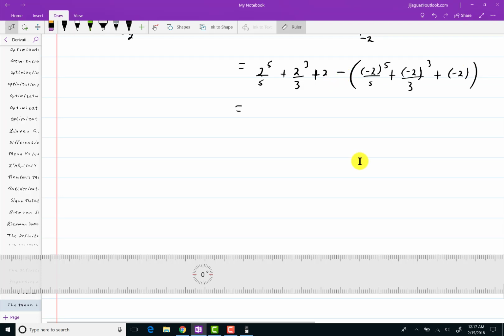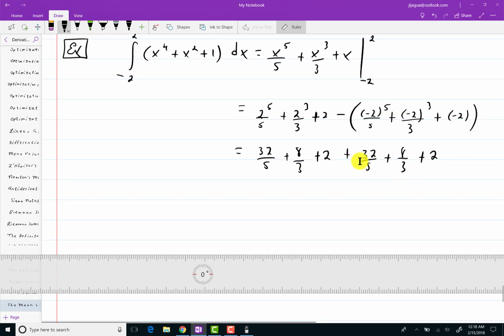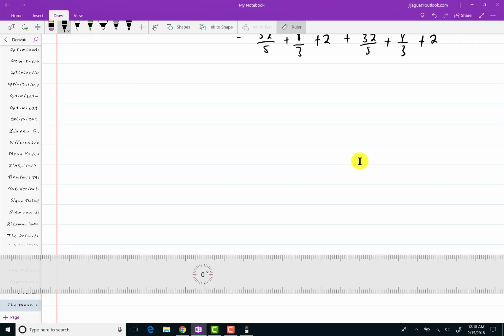This equals 32 over 5 plus 8 over 3 plus 2 plus, I'm going to write it again, 32 over 5 plus 8 over 3 plus 2. I'm not going to finish it, but I am going to do the integral from 0 to 2 of the same thing, x to the 4th plus x squared plus 1 dx.